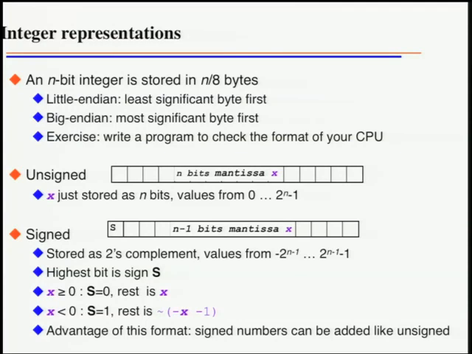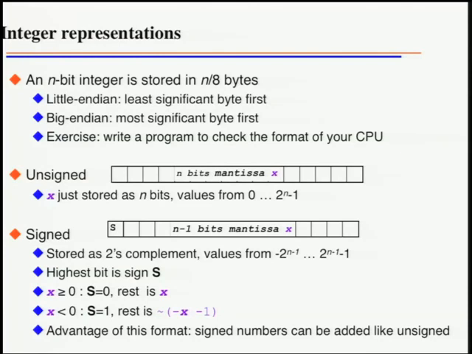There are two more or less used conventions, the little endian and the big endian. On the usual Intel x86 compatible platforms, you have little endian. If you still have a PowerPC around, there you have a big endian format. And if you want, after this lecture, you can try to write a program on your own that checks what format your CPU has.